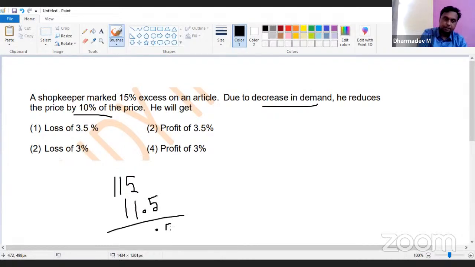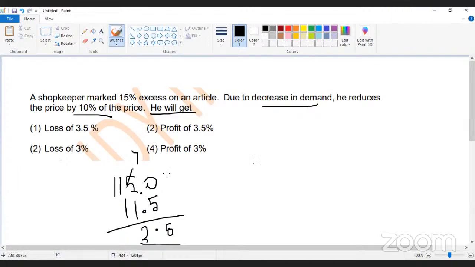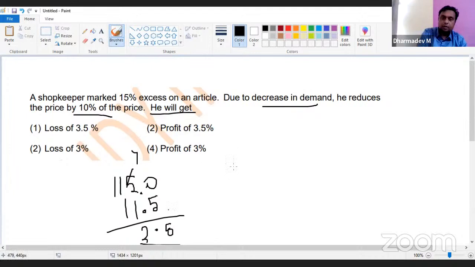That means he's reducing it by 11.5. So 0.5, and this is for 4, it makes it 3, so 3.5. Still, how much profit will he get? 3.5%. He got it for 100, he marked it at 115, now reducing it by 3.5 and selling it.